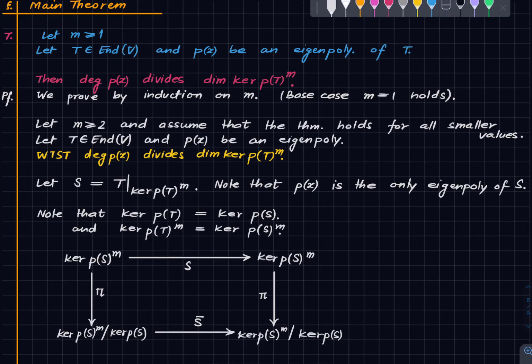It wasn't really necessary, but I like to draw this. Okay, here this pi is your natural projection linear map, let's not call it homomorphism because we just did not introduce that terminology.